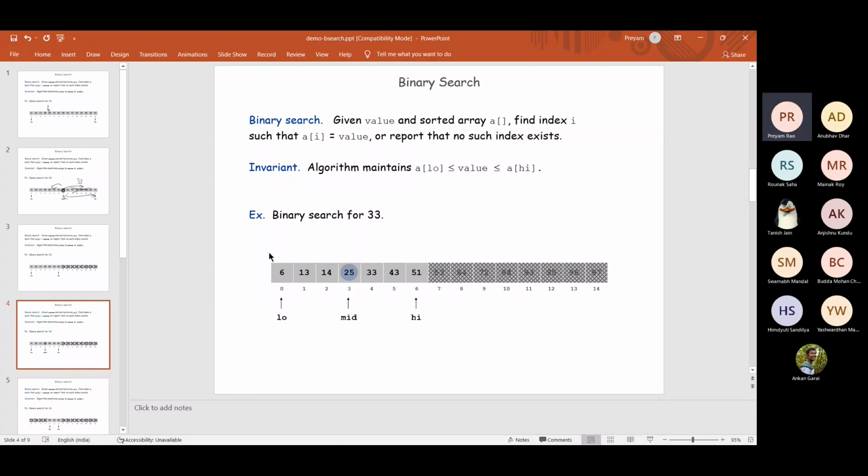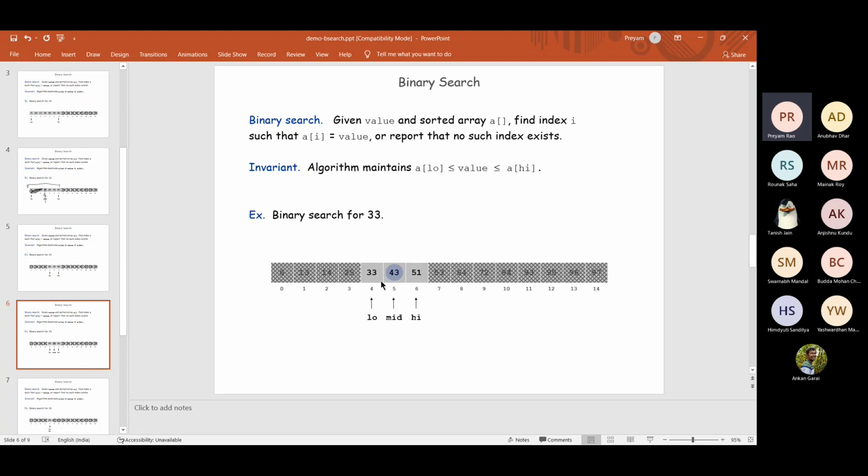Then we'll look at the middle element. We'll check where 33 is in reference to the middle element, right? So 33 is larger than 25, so it cannot be in this part, and we'll get rid of that part, right? Same thing.